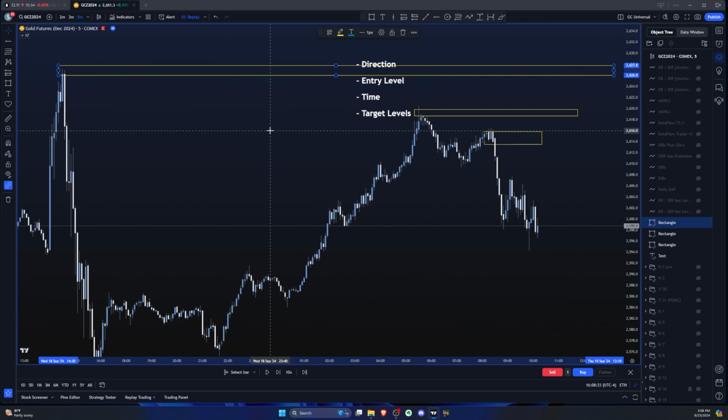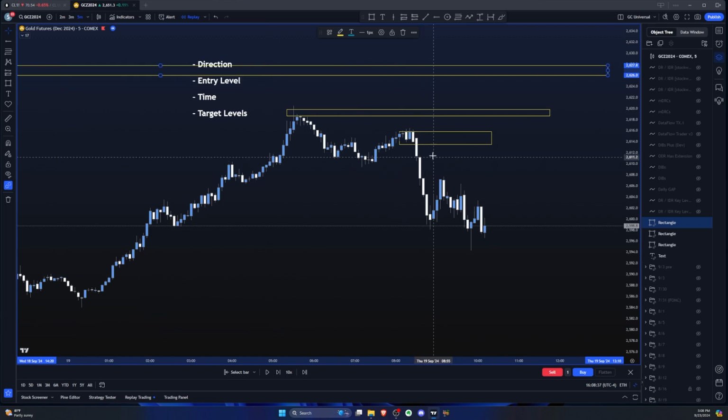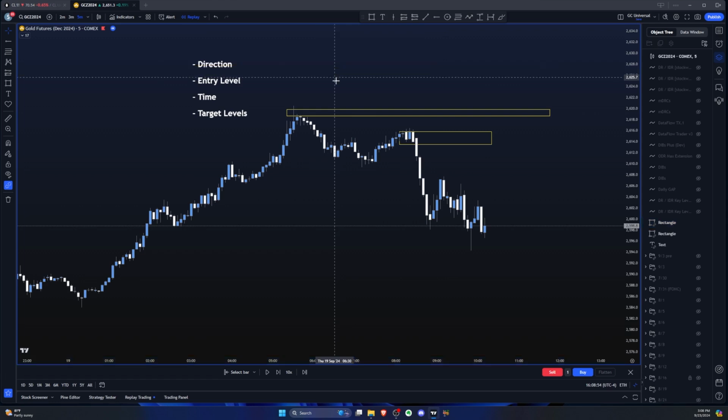That's a very different concept of levels, right? Think about this for just a minute. Are your levels places where you think price can't go further, or are your levels where price is most likely and has the highest probability of actually going to? Very different concept of levels here in data flow.